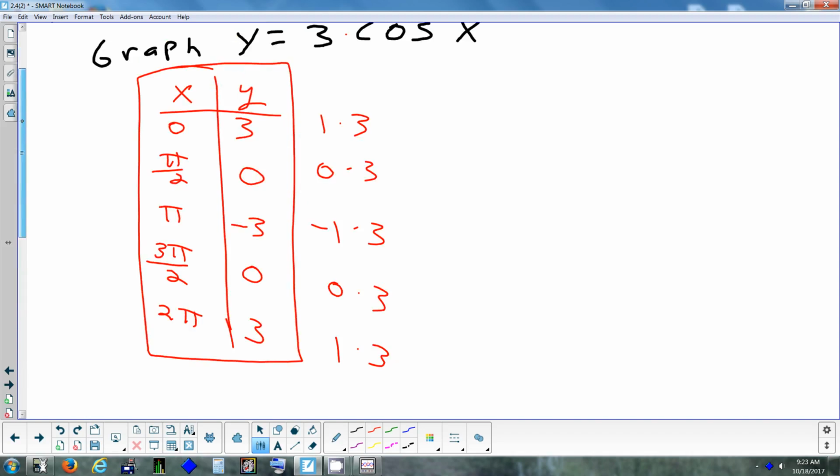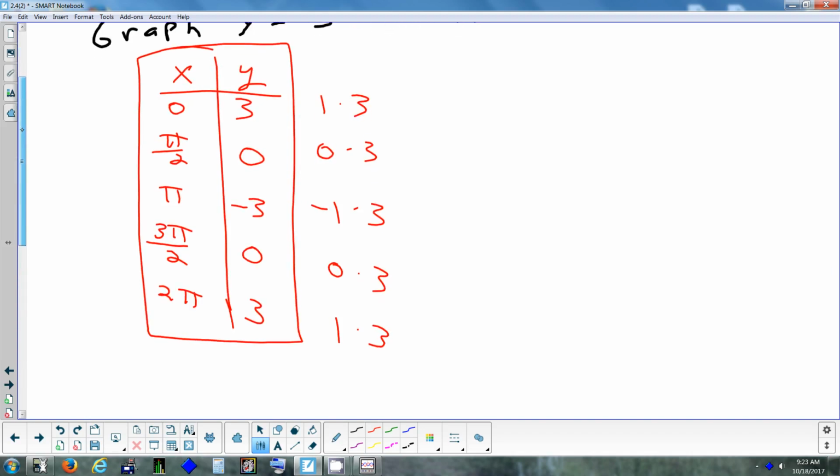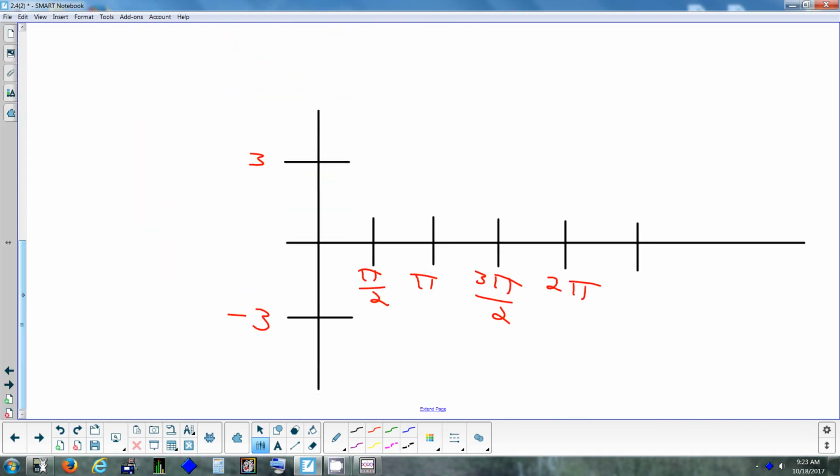Okay, so we're at 3, 0, negative 3, 0, 3. 3, 0, negative 3, 0, back to 3. And there's your graph. Okay, any question on how I got that graph?